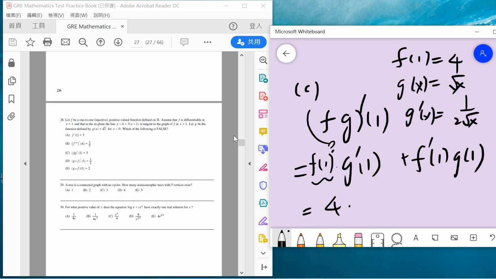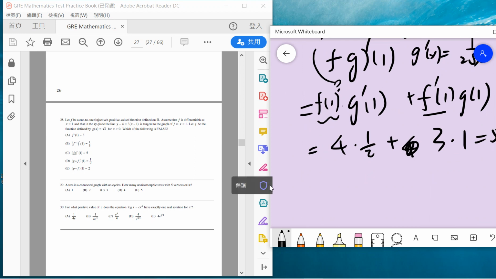So it's this plus 4 times 3 times 1, so it's 5. So C is correct. How about D?